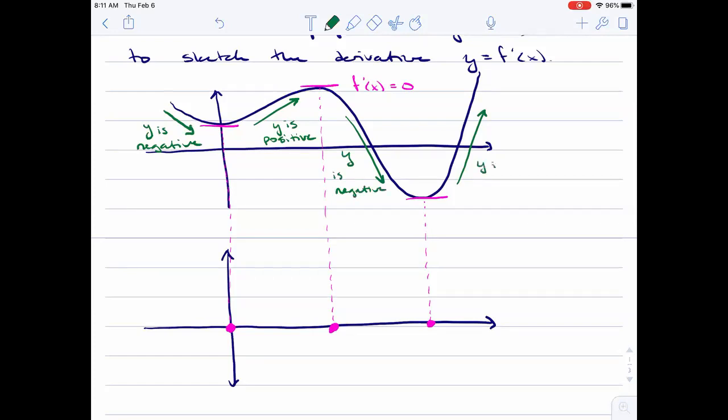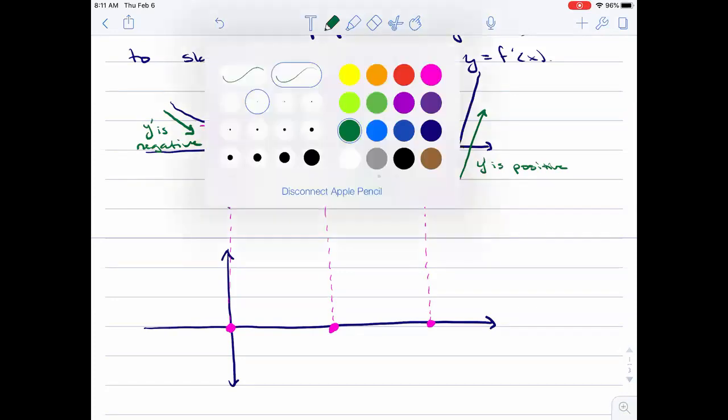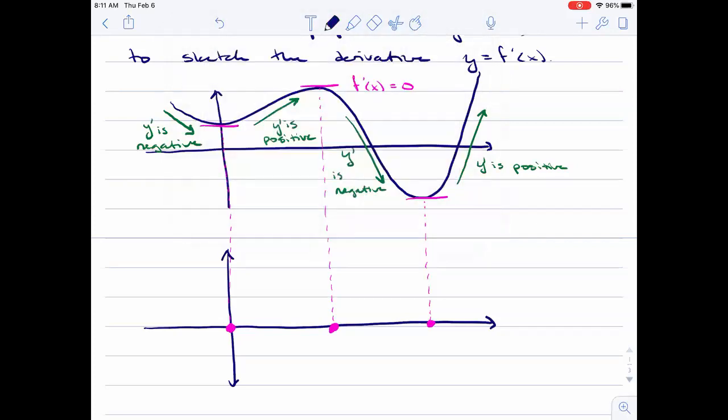And here, y is positive. The y I'm talking about is for the derivative. So maybe what I'll do is I'll say y prime, just so it's clear.